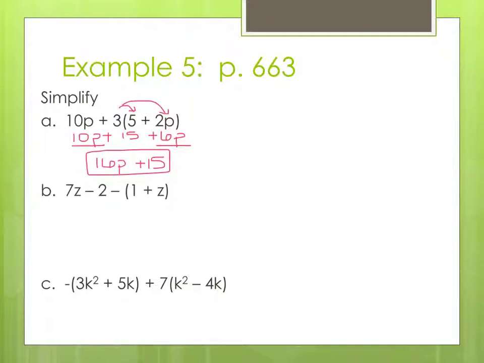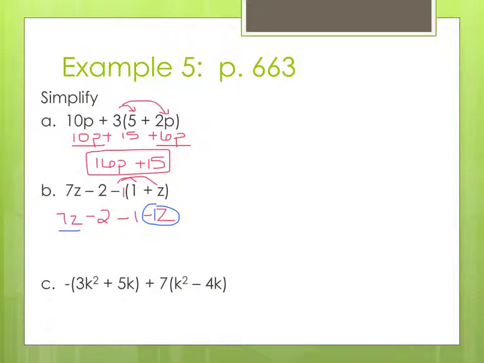B, again, I'm going to start with my parentheses. I have a minus in front of that, so I'm going to distribute the negative 1. So negative 1 times 1 is negative 1. Negative 1 times z, negative z. Bring everything else down. Then combining like terms, I have 7z minus z.